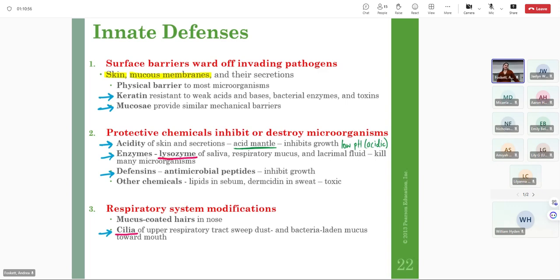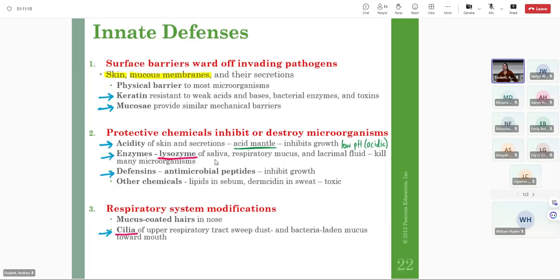They're all dead cells, right? Do you remember this? It's packed with a very tough protein called keratin. So that's going to play a huge role in acting like a strong barrier. It's a physical barrier, it's a chemical barrier, it's also a microbial barrier, right? So it's a barrier that prevents easy access from the outside.